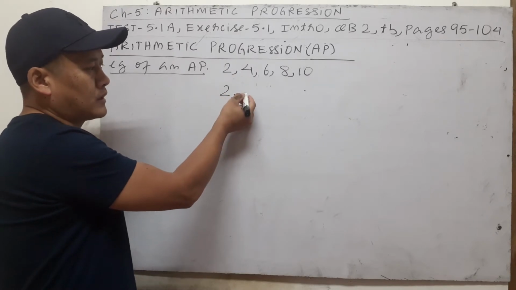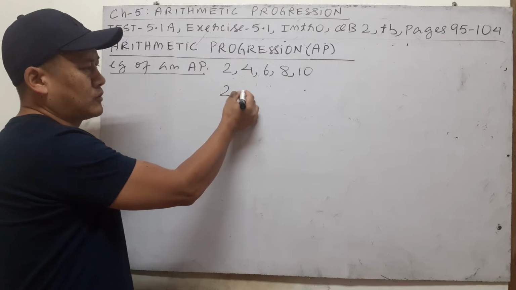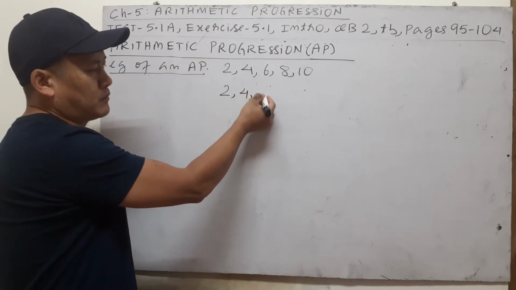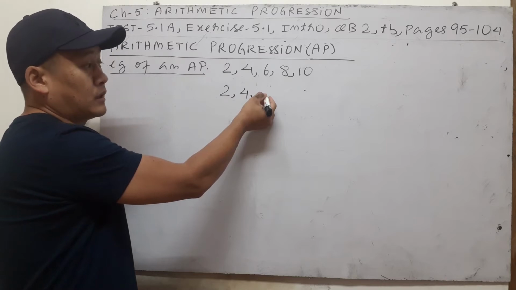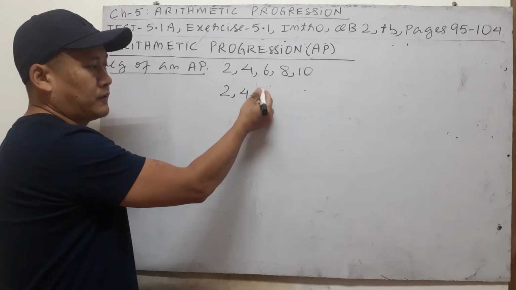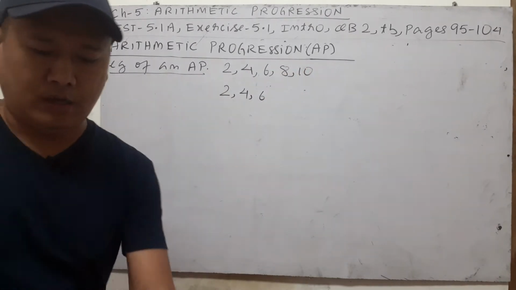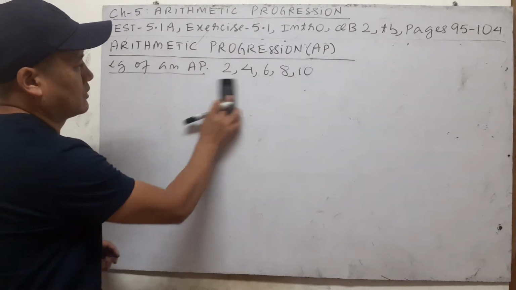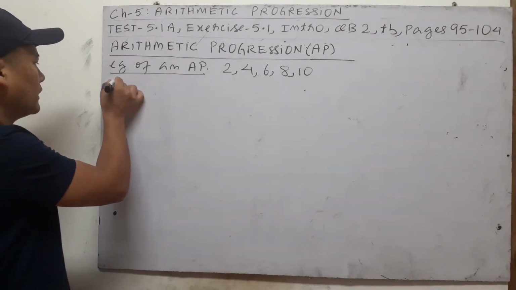So the one in front is the first term, so add a fixed number to the first term, 2 plus 2, 4. The third term will be obtained by adding that same fixed number 2 to the preceding term, the second term, 4 plus 2, 6.